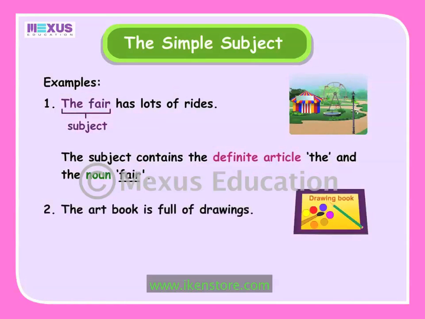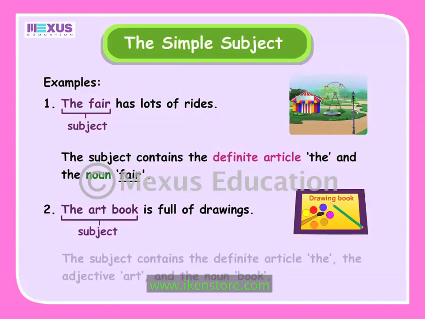In the second example, the subject is the art book. It consists of the definite article, the, and the adjective art, which describes the noun book. Book is the most important part of the subject.